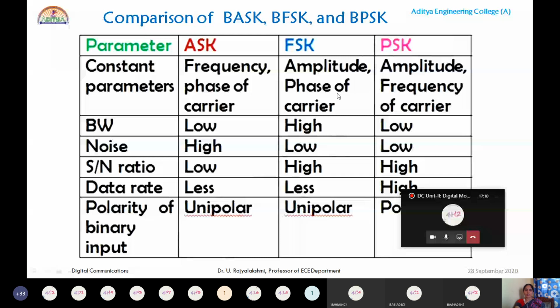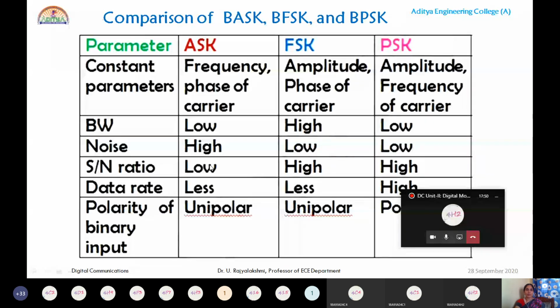The bandwidth is 2 FB, so it is low in ASK. In FSK, it is high because already you studied 4 FB. In PSK also it is low, equal to 2 FB. You can still reduce it in PSK by using M-ary techniques. And what about noise? Noise is high in the case of the ASK technique and it is low for FSK and PSK, because noise immunity is high for PSK and FSK compared to ASK.